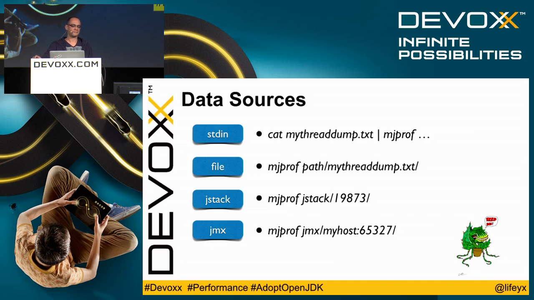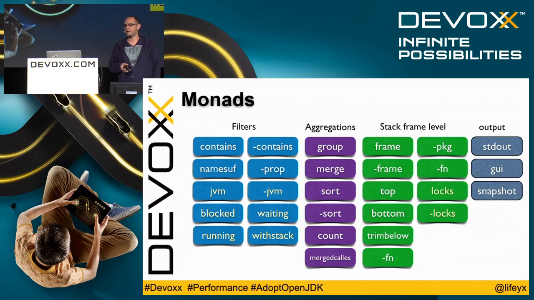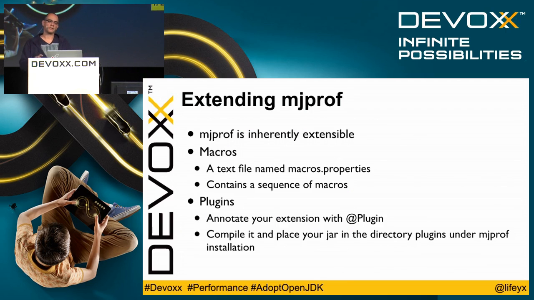And after that, you can apply any one of the following monads that are already available in mjprof, or if it doesn't fit your needs, there are 2 ways to extend the functionality of mjprof. The first one is macros, which is actually concatenating a set of monads that you found to be useful.